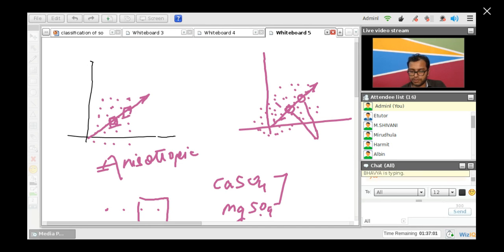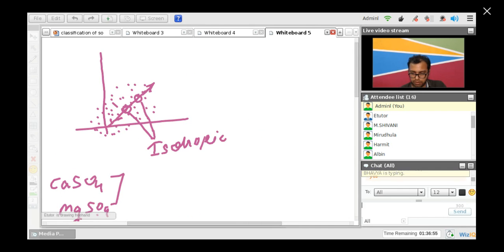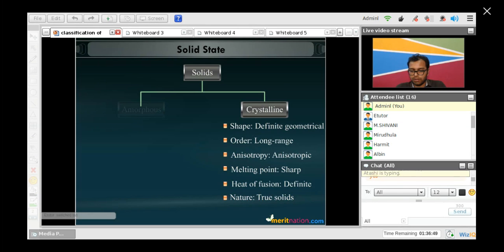So that's why it is isotropic in nature. Is it clear? Can we go ahead? So these are the differences between crystalline solid and amorphous solid.